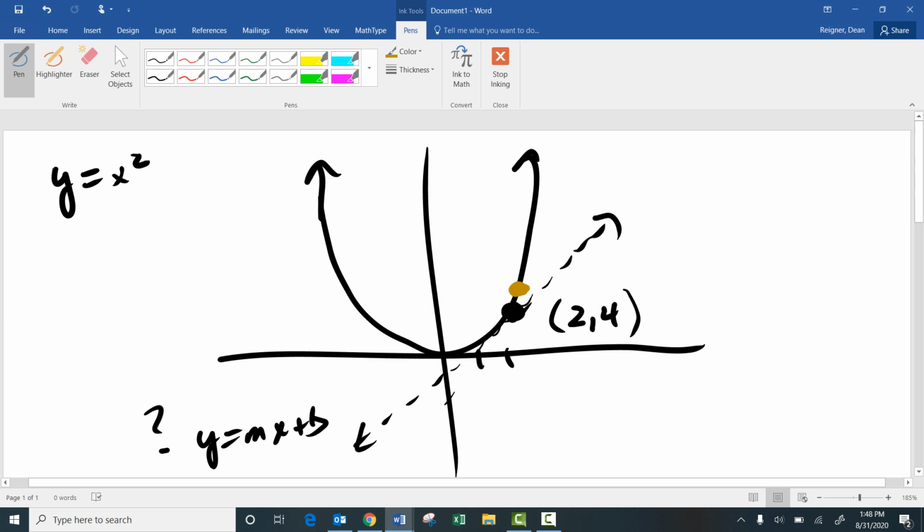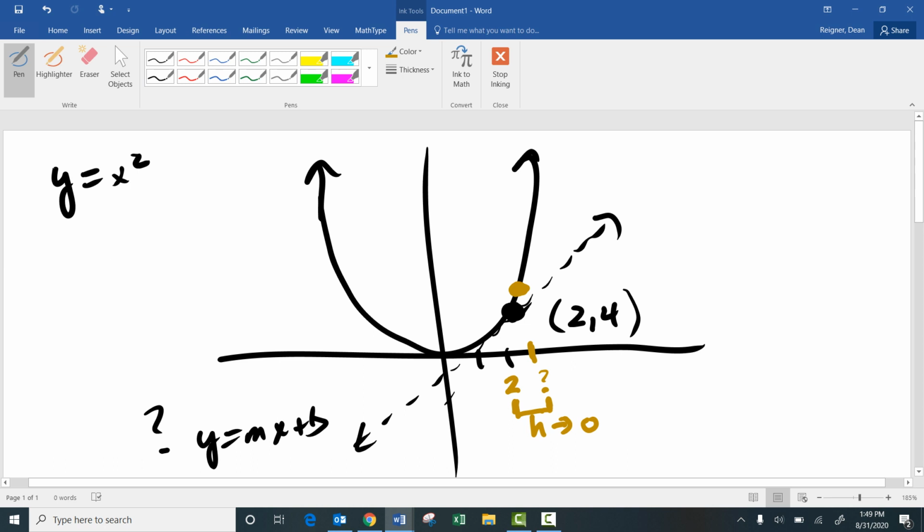This x value is 2. This other x value is going to be as close as we can get it to 2. The distance between these 2 points as far as the x coordinate, we're going to call h. And as h goes to 0, the difference in these x values goes to 0.